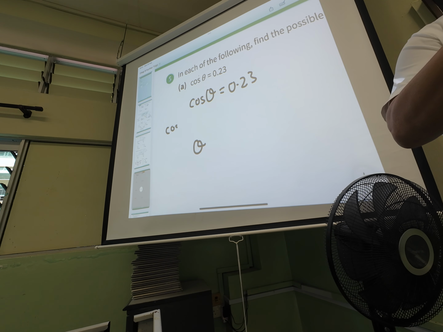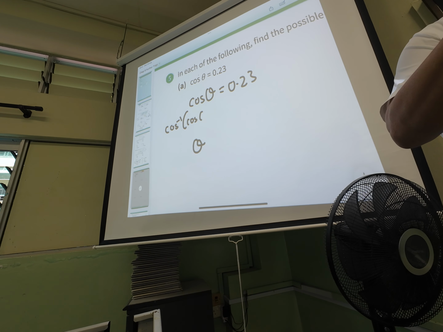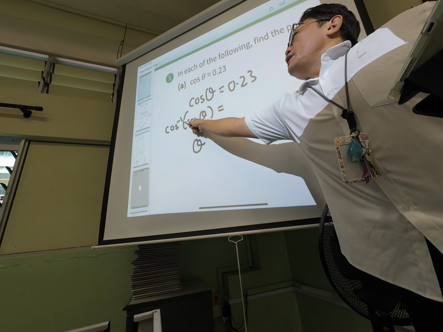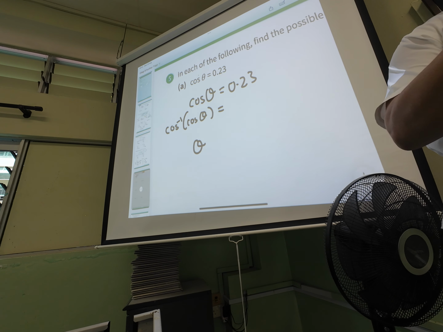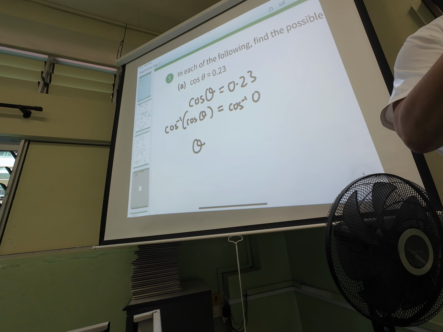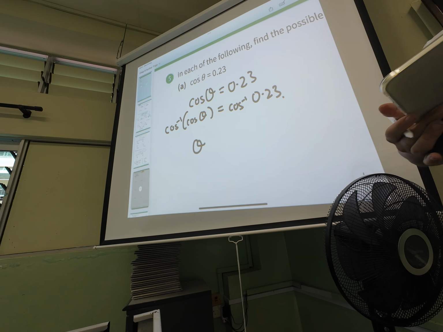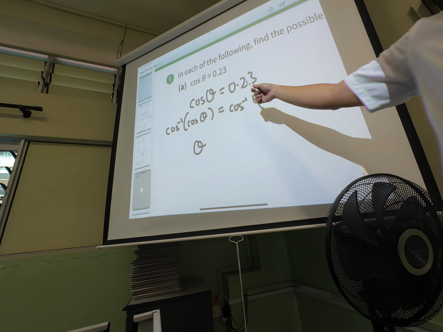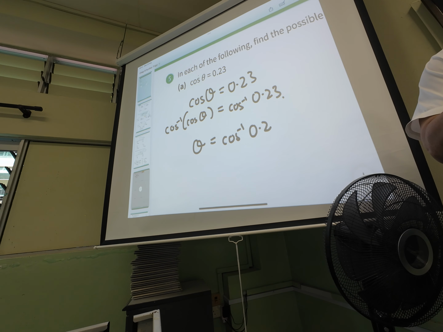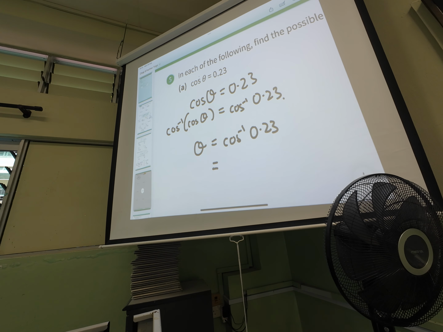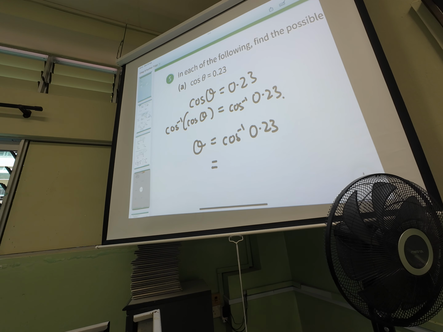So I have to cosine inverse my cosine, so that they cancel away and I get theta. But when I cosine inverse the left, I must cosine inverse the right. So when you know cosine theta is 0.23, you cosine inverse 0.23, then you will get back your angle. Again, you have to press your calculator, shift function of cosine, then press 0.23, close bracket.